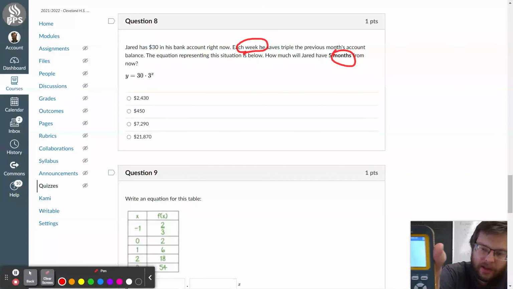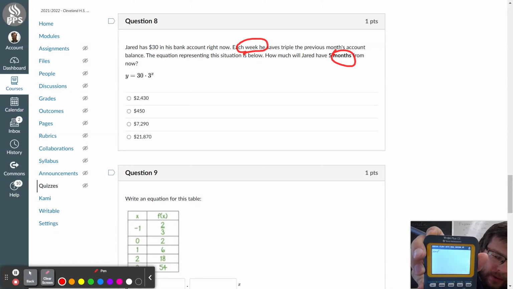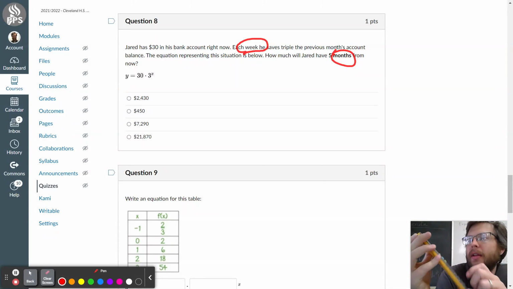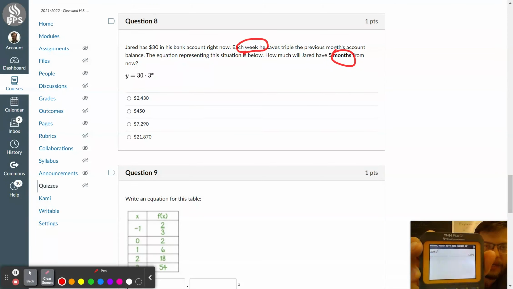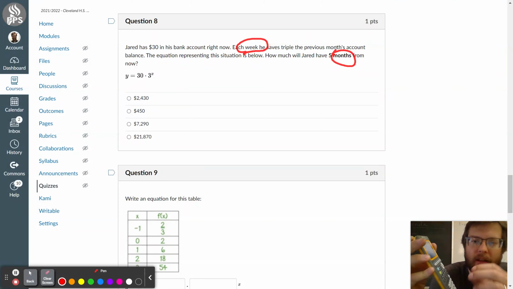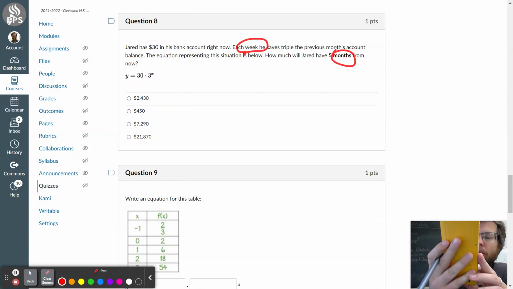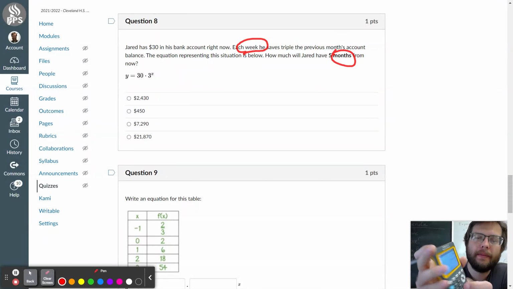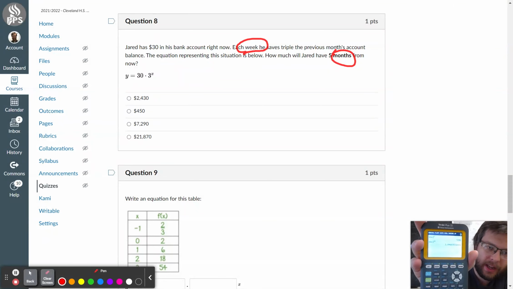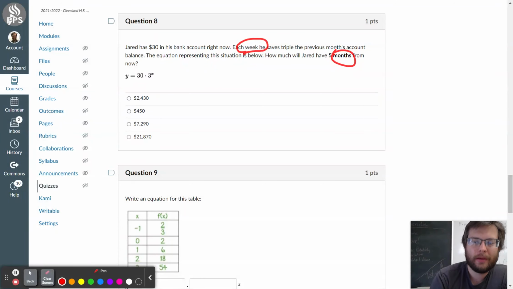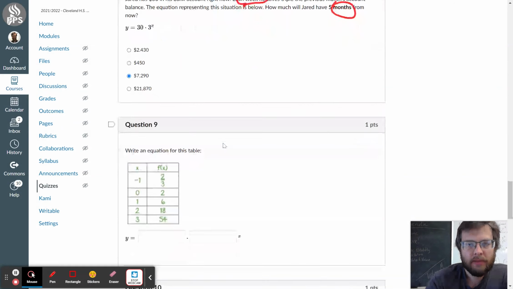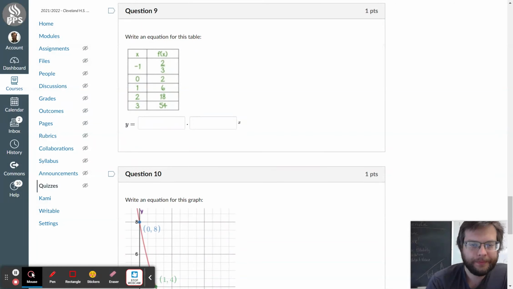I feel like this is the answer that we should type in, 30 times 3 to the 5, getting 7,290. Let's try it. If it was 5 months, I guess that'd be 20 weeks. And I think this is going to be way too big. Yeah, that number right there is not one of the answer choices. So we must have screwed up last year and had a little typo. But 7,290 is if you just plug in x equals 5.